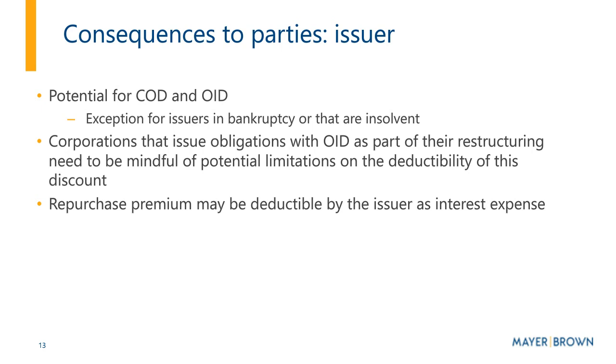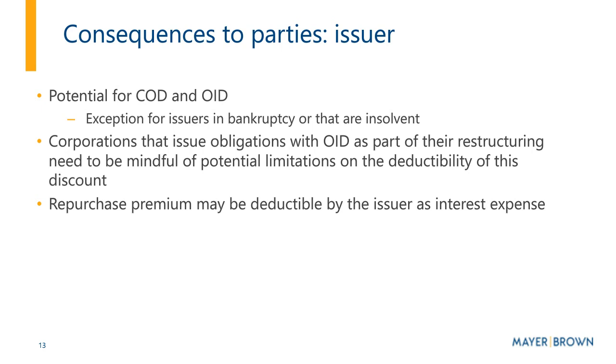One, this is relevant for both a distressed scenario where the issuer is in distress, where maybe debt is trading at a discount, as well as what I'll call regular, non-distressed situations.